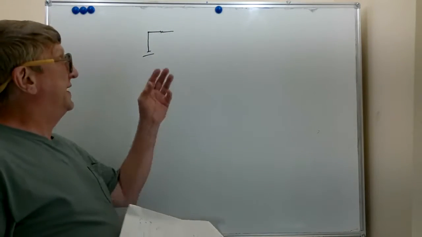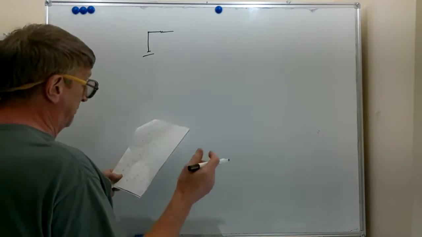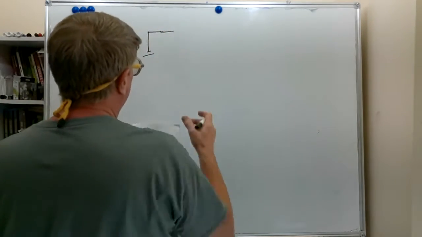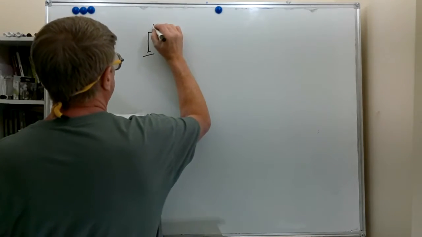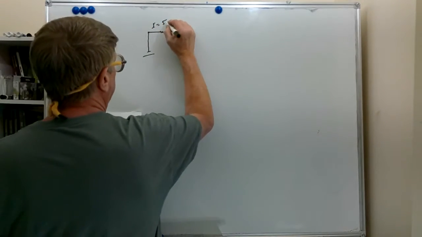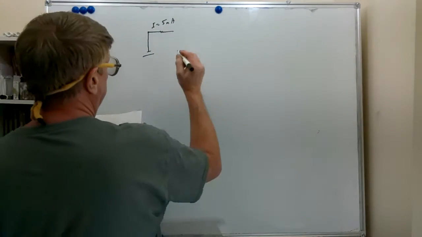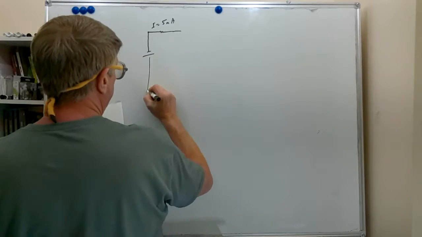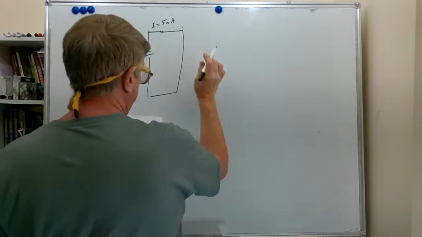We'll just assume for right now it's high in relationship to the resistance of our meter, so we're not messing up our reading by putting a meter in a circuit. We have I equal to 5 milliamps. Here's our circuit rolling along, I equal to 5 milliamps.